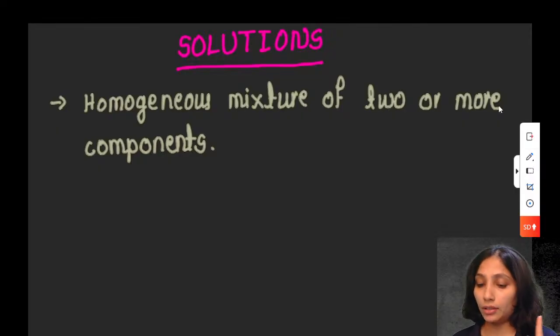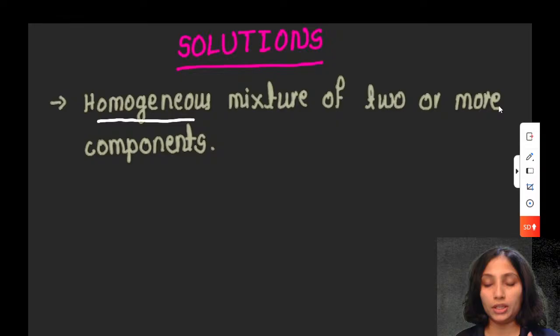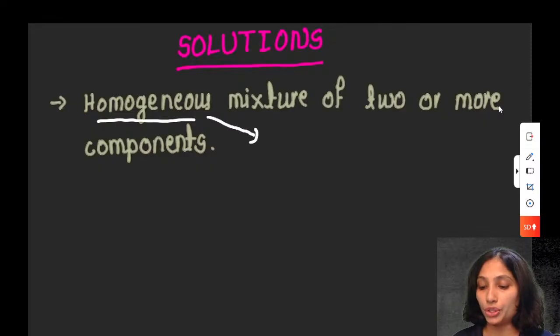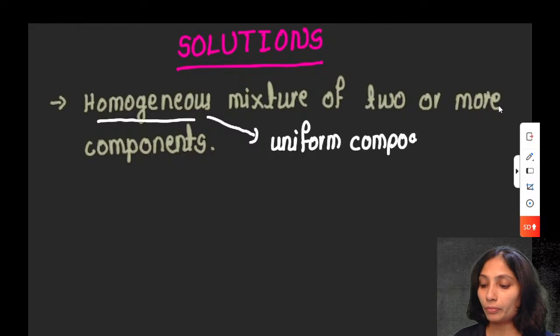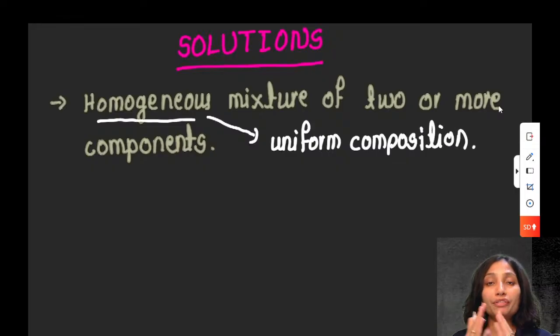Here we are seeing one term, homogeneous. What is meant by homogeneous? Homogeneous means uniform composition. So in a solution, two or more different substances will be there.